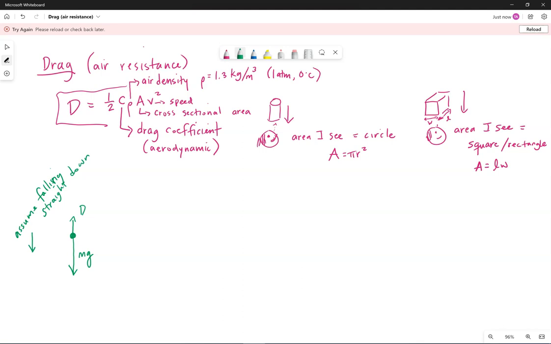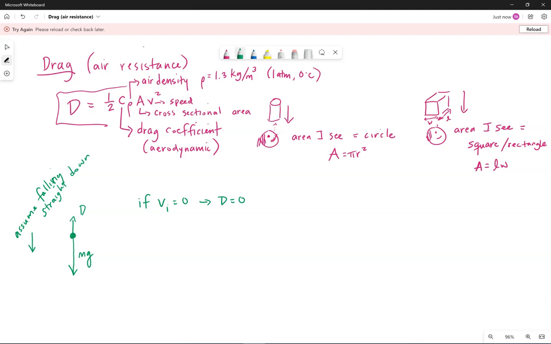If I had an object that is at rest, so if I just released it from rest, like from a helicopter, the initial speed would be 0. That would mean there's no drag at that exact moment in time.